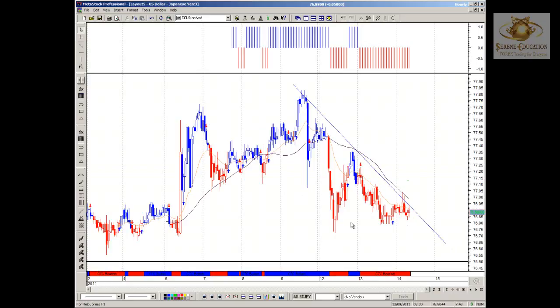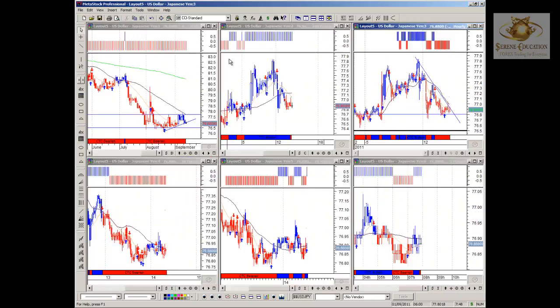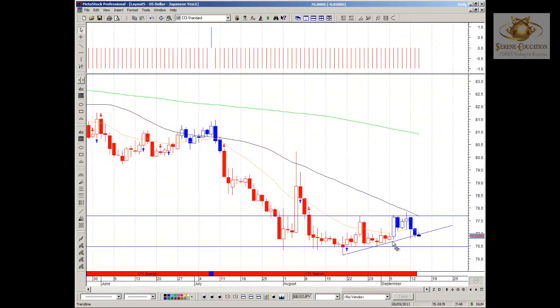So as it stands now, we should be looking for continuation lower. If you wanted to, you could see there's a support here at 76.80. A break below that support would see 76.50 definitely on the cards for this pair. We don't want to be buying into or selling this when we could possibly be looking at a support area here. We know that there's consolidation on the daily to the upside, swing high.